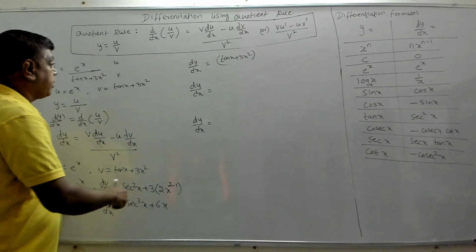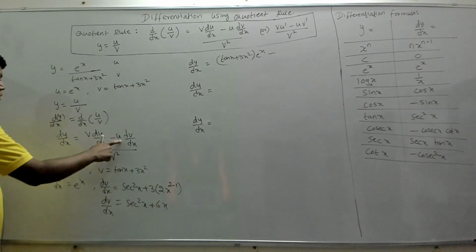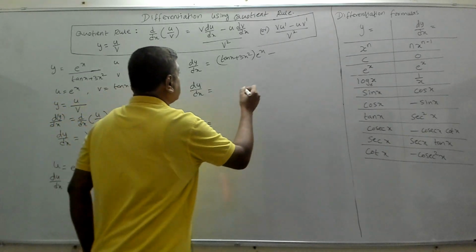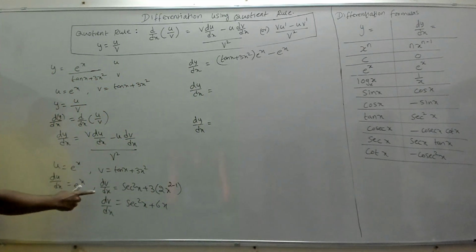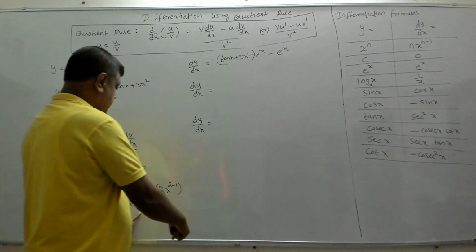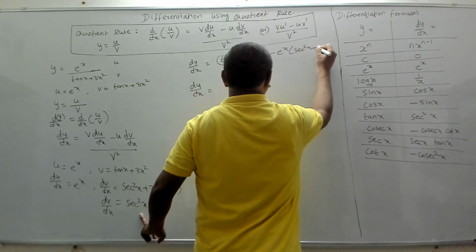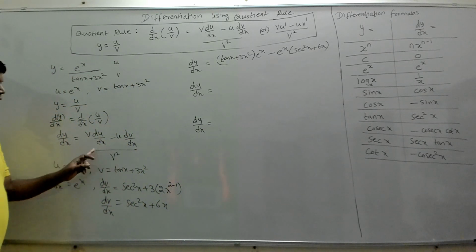Du by dx is e power x, minus u, which is e power x, into dv by dx. dv by dx is this one, which is secant square x plus 6x. That is your dv by dx by v square.